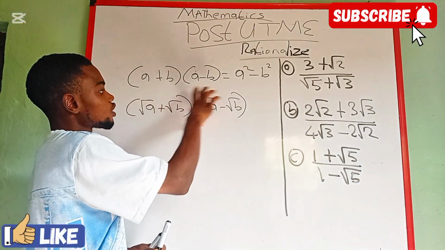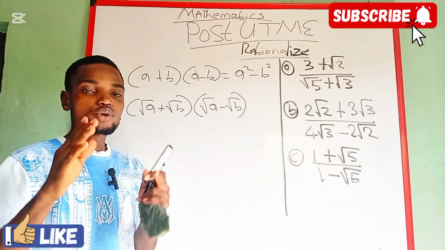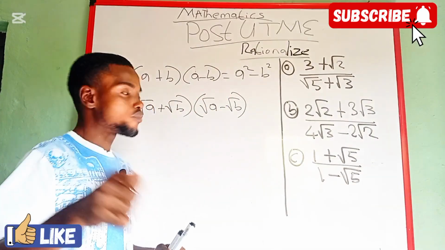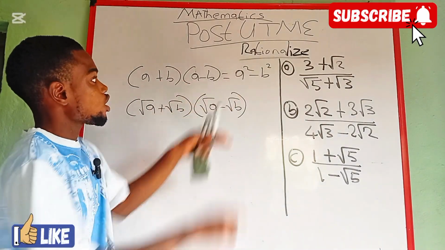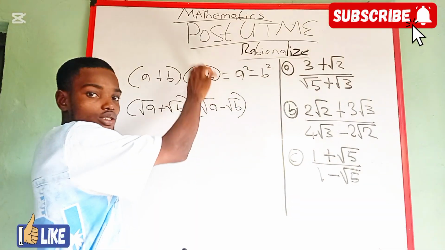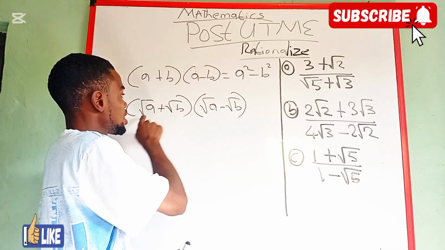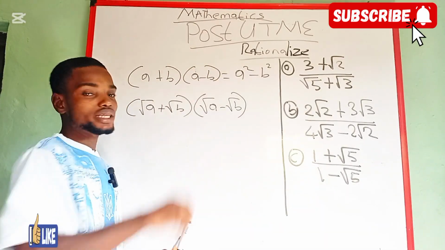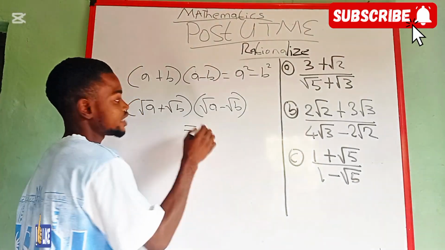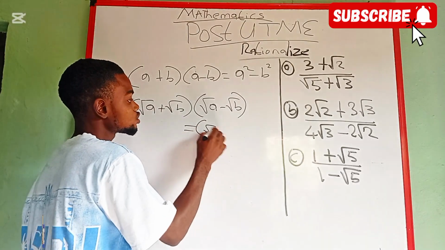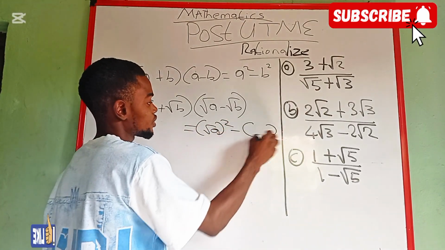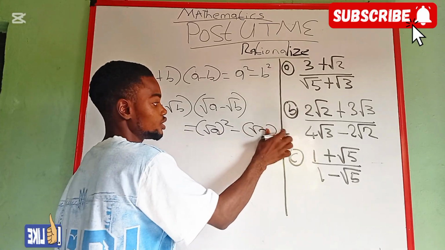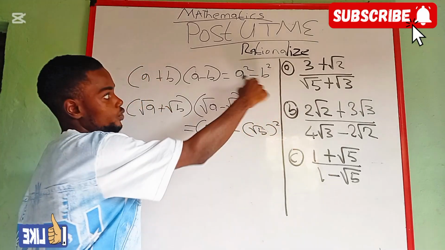Now, conjugate of sort is when the product gives us a rational number. As you can see here, if you expand this bracket, you're going to get the square of the individual numbers that we have here. Now, what about this one? If we expand the bracket, we are going to have the answer to be (root A) squared minus (root B) squared, just like we have here.